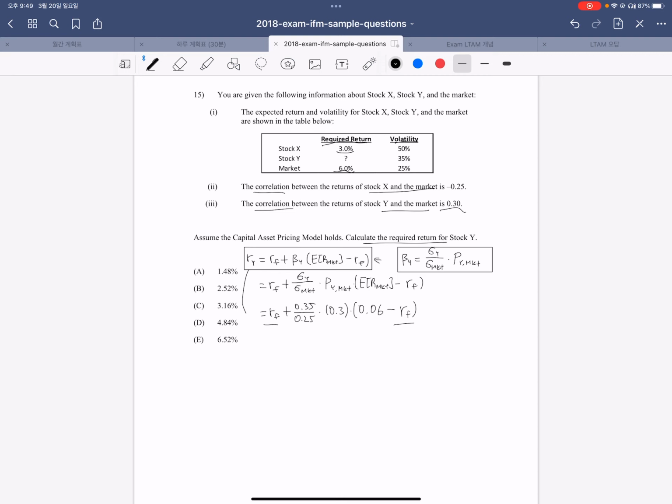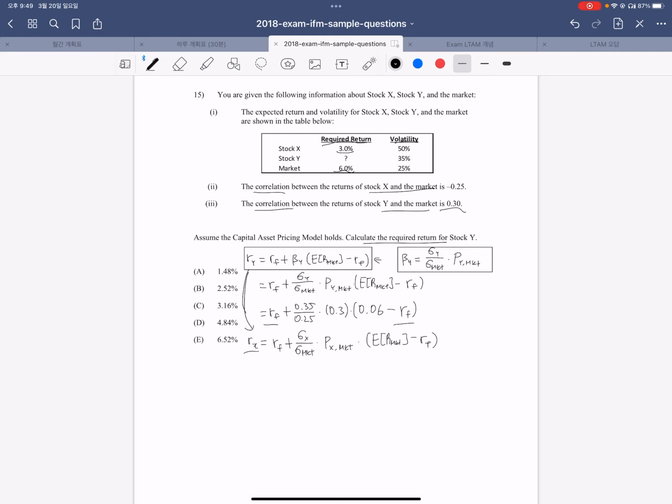So for stock X, the required return would be risk-free rate plus beta of X, which is volatility of X over volatility of the market times the correlation between X and the market, times expected return of the market minus risk-free rate. Different from Y, we're given the required return for stock X.